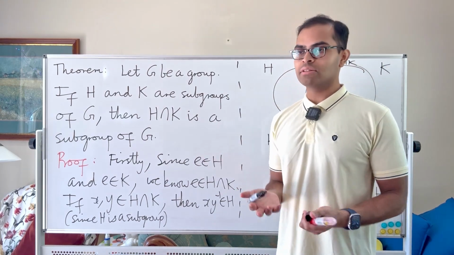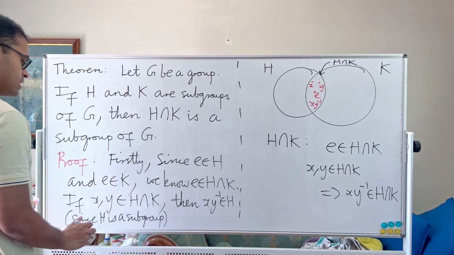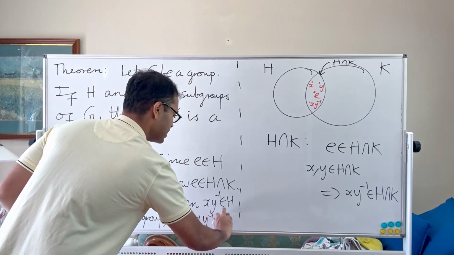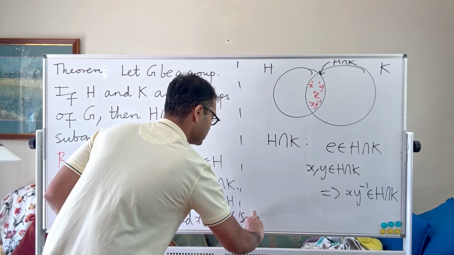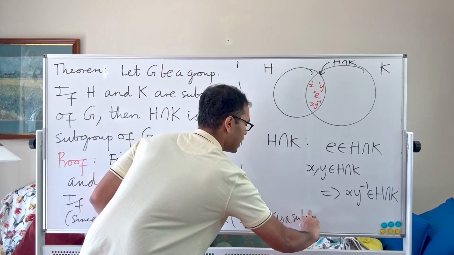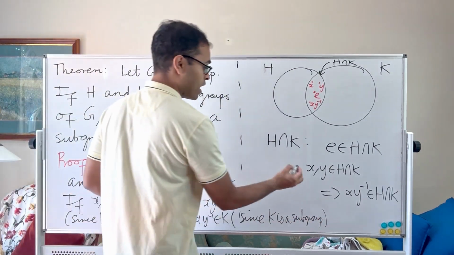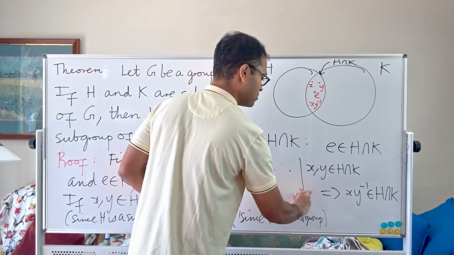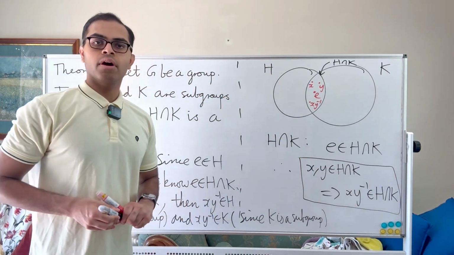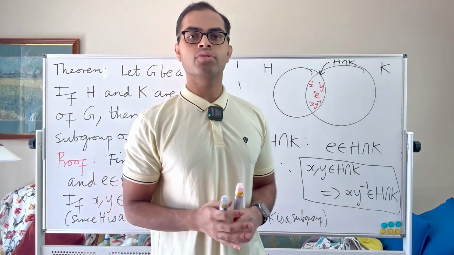In that case, that's also instructive. But in this case, it's fundamental. So x y inverse is in H since H is a subgroup, and x y inverse is in K since K is a subgroup. Therefore we conclude that x y inverse is in H intersection K. I could append this to the end of the proof: therefore, we have that statement. That's just an abbreviated way of writing it, but we go through the hypotheses that we are using.